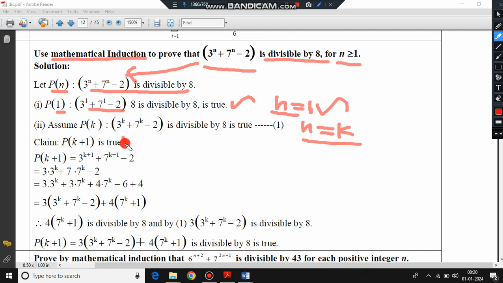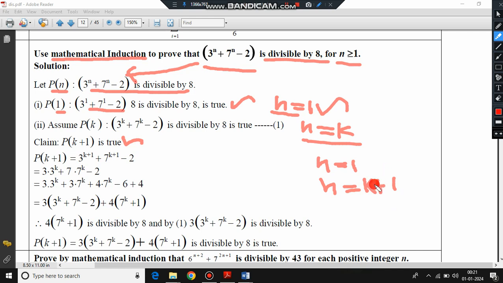If we prove that p of k plus 1 is true, then the induction proof is over, because for n equal to 1 we have proved already. If n equal to k plus 1 is true for some k greater than or equal to 1, then for k equal to 1, n equal to 2 is true.